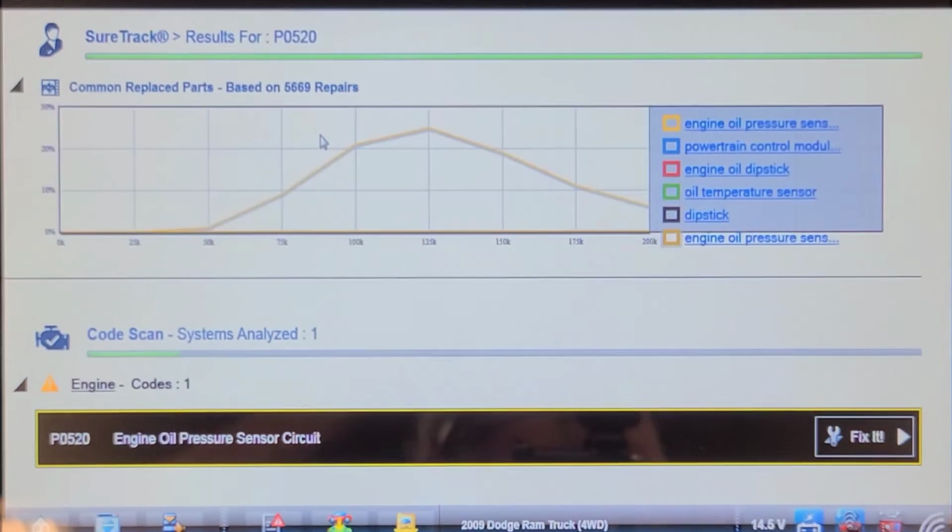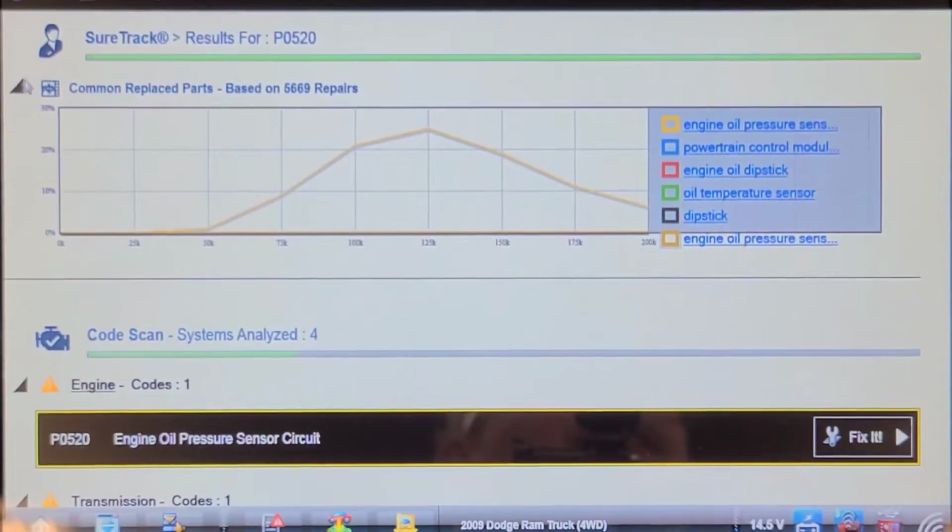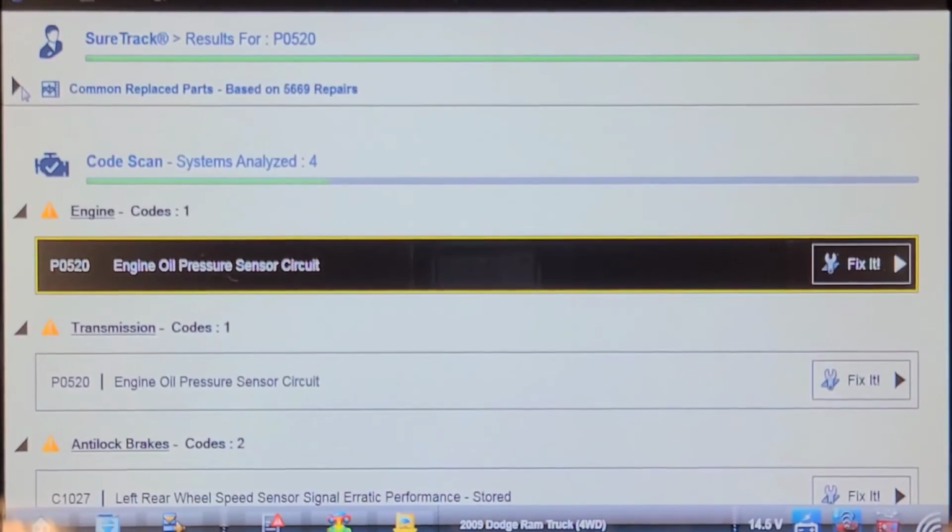Oil pressure sensor circuit. Well, that could be it. Could be a problem with the oil pressure sending unit.